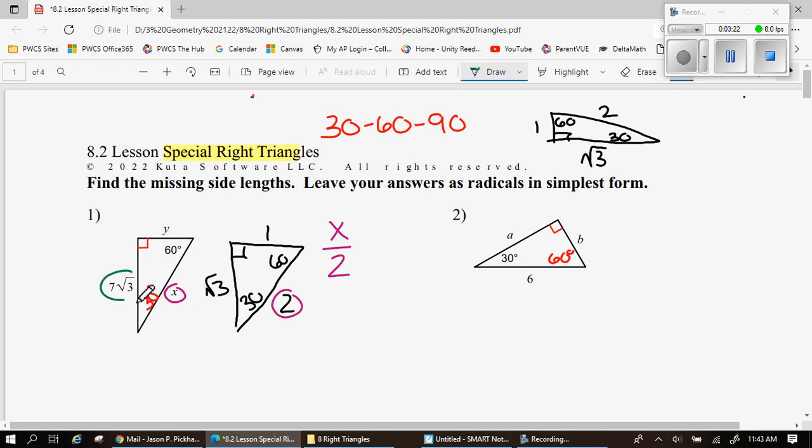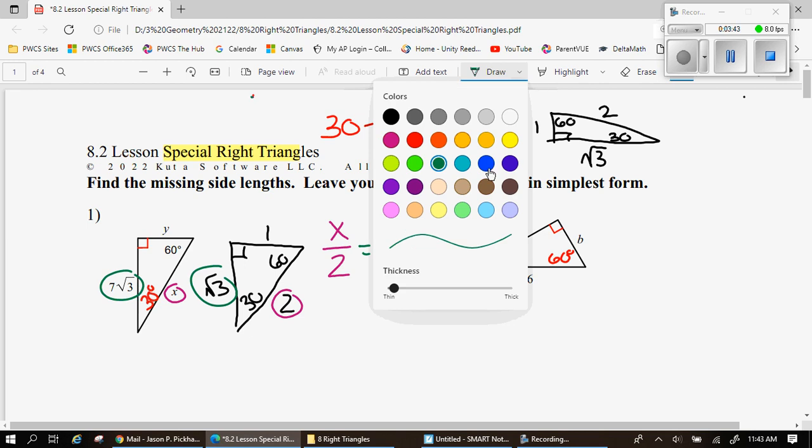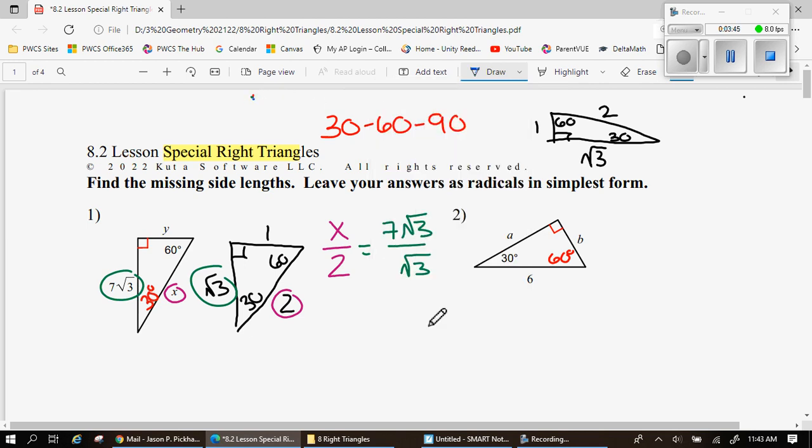So I know that this side is 7 root 3. X came from this triangle, so 7 root 3 can go on top of a fraction, and it's related to this side. And so I get a proportion, much like we got in the last unit when we talked about similar triangles and proportional parts in triangles. And so we can solve this proportion for x.